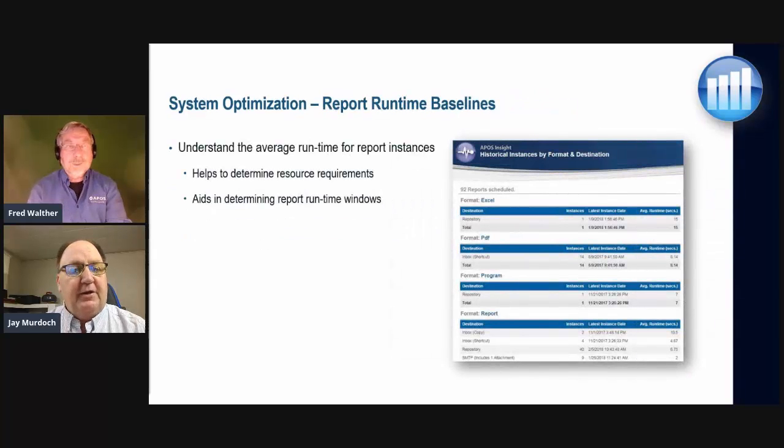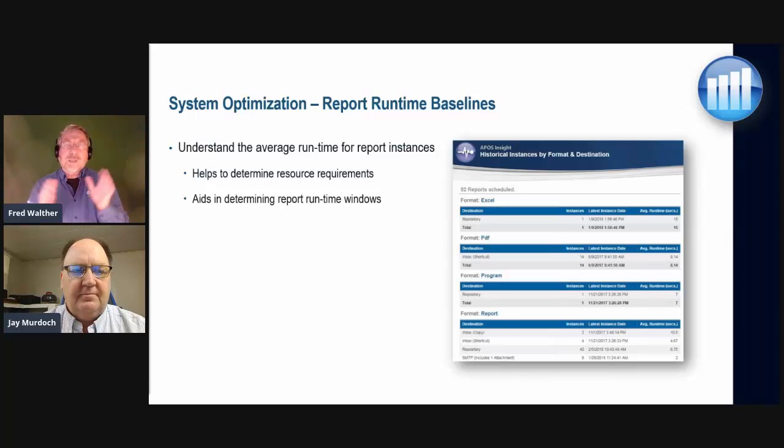Terrific. Okay, so you've got the baselines there. We have other baselines, the report runtime. So running these reports, you're going to get baselines. What's the criticality of that for the managers? Sure. So knowing what the average runtime for a report is, now you can compare it later on. Also it helps you determine what the system resource requirements might be, and what the best runtime windows for reports are.